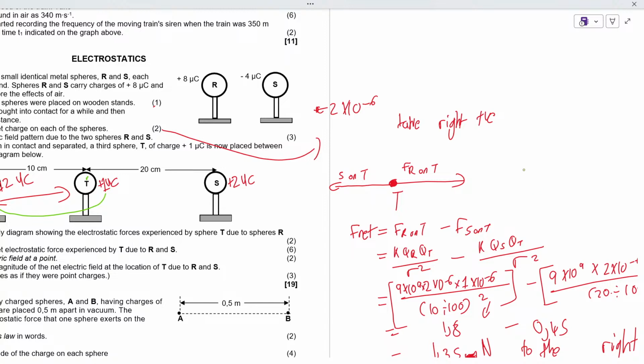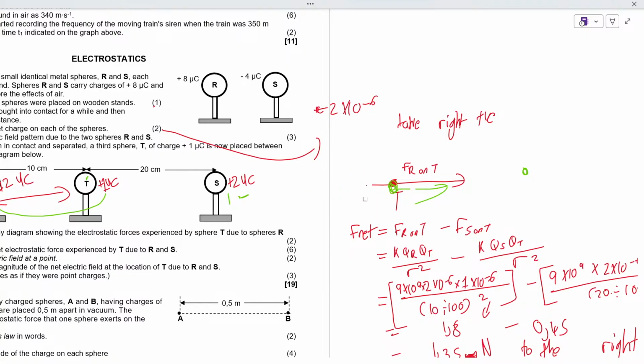So if they come tomorrow in the exam, the key point is the free body. If this one was positive, or let's say this one was negative, there will be two forces acting towards this way. Let me think. Yes, I'm right.